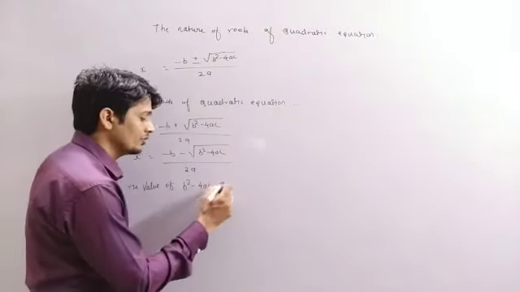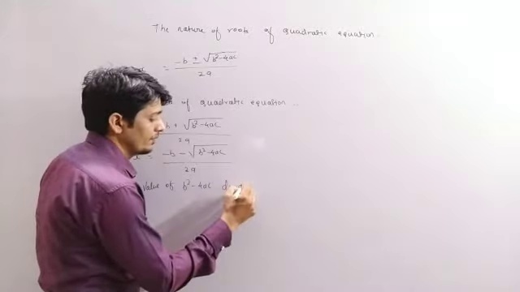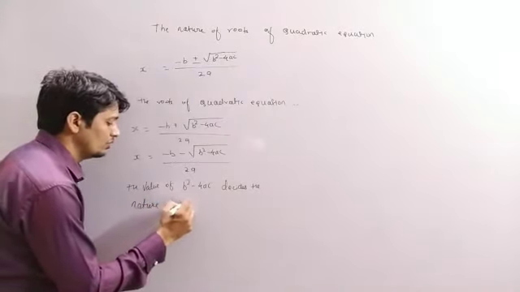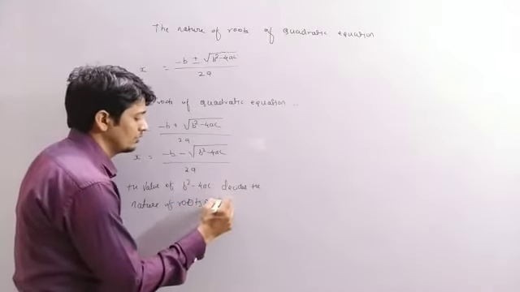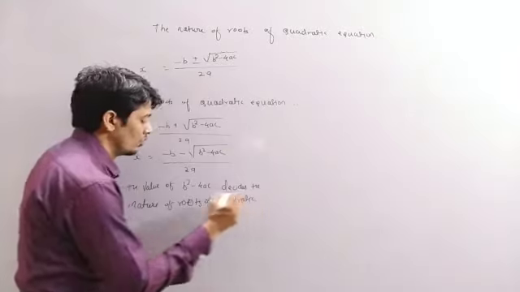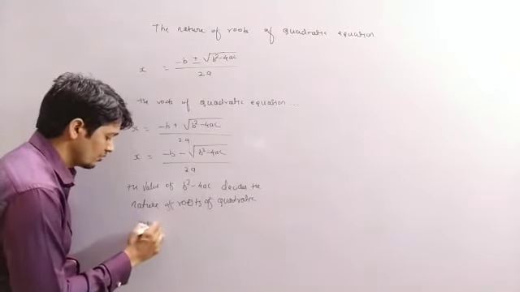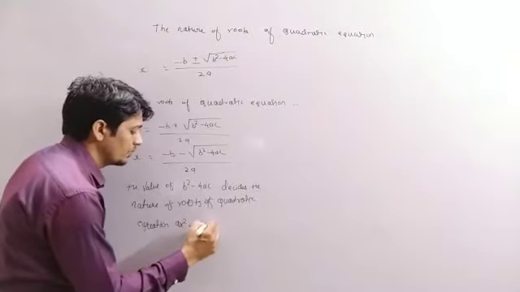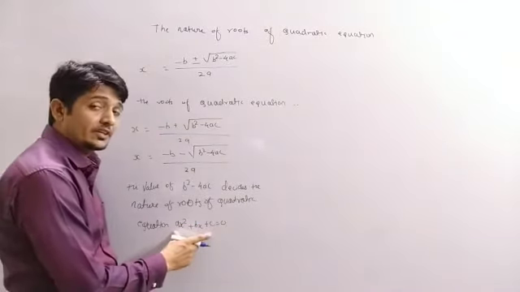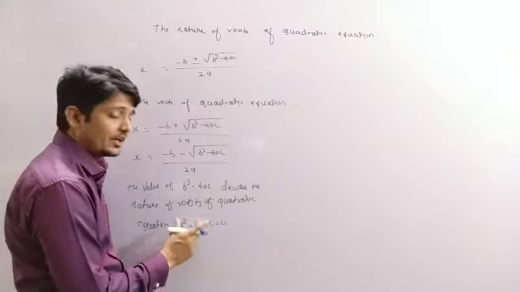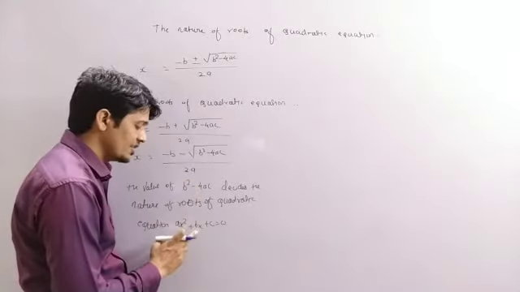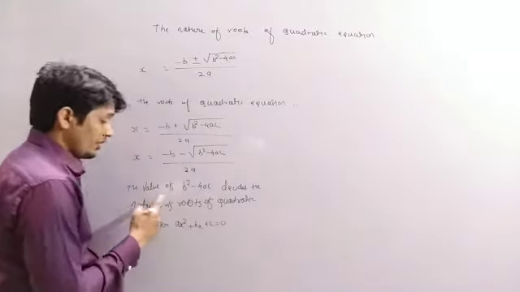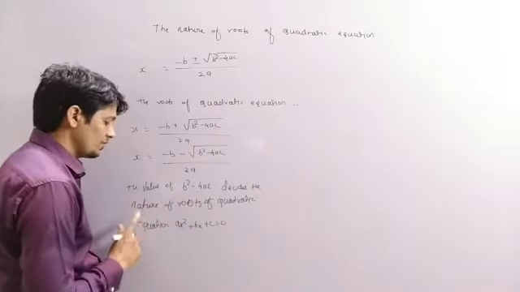The value of b square minus 4ac decides the nature of roots of the quadratic equation, that is ax square plus bx plus c equals 0. It is the basic structure, or we can say the standard form, of a quadratic equation, and b square minus 4ac decides the nature of this equation. That's why b square minus 4ac is called the discriminant.